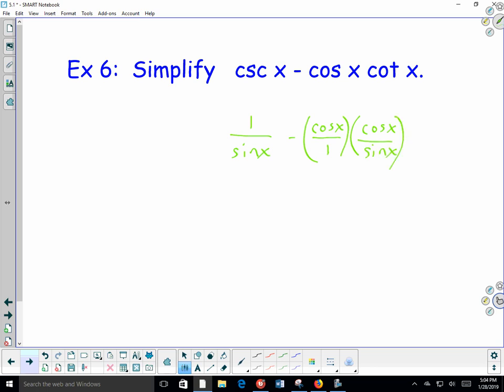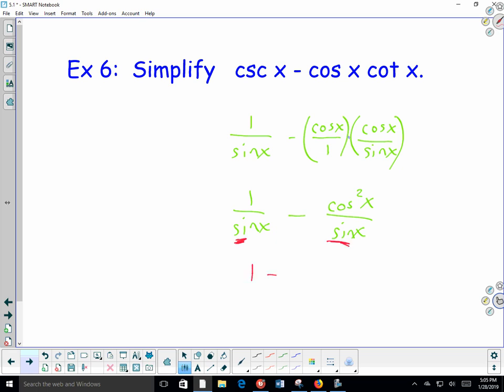All right? And with that, looks like I have 1 over sine x minus cosine squared x over sine x, right? If I multiply my numerators together and I multiply my denominators together, because I'm multiplying these two fractions. Good news, we have a common denominator here of sine x in both.